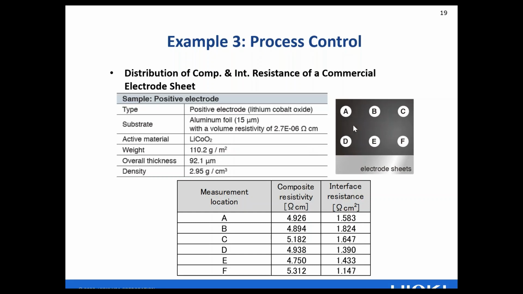And again, as you see in this example, the composite resistivity and the interface resistivity don't necessarily go in sync with each other. So again, very, very important information on process control.